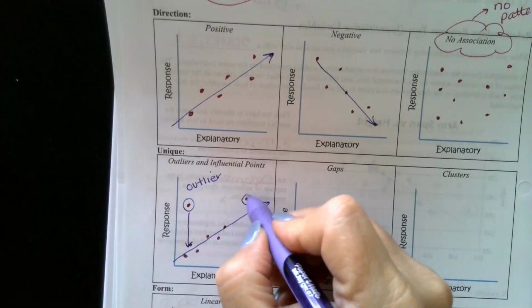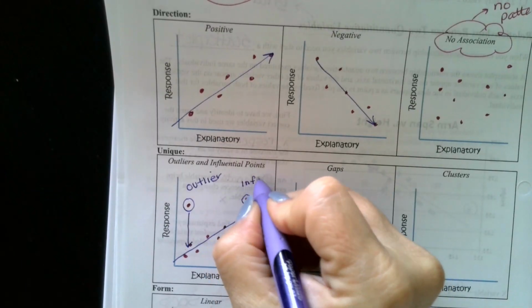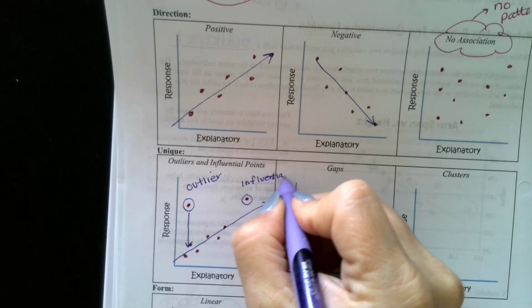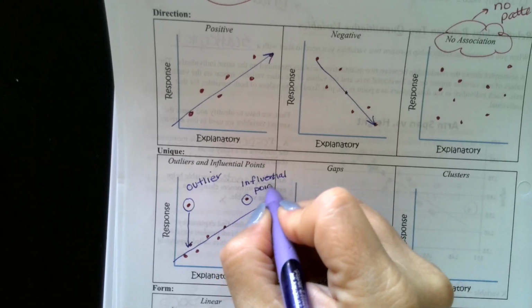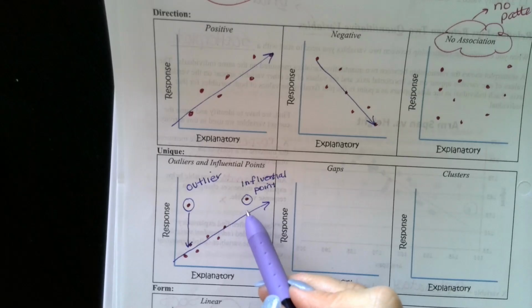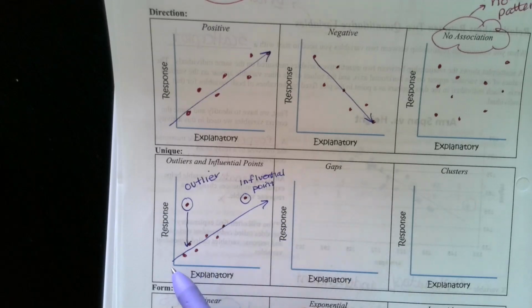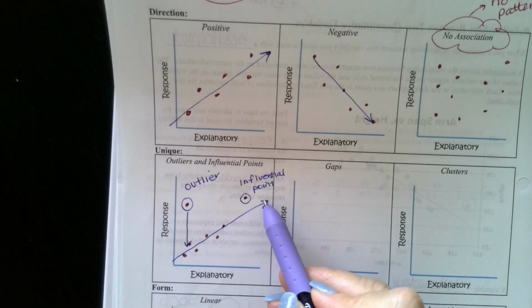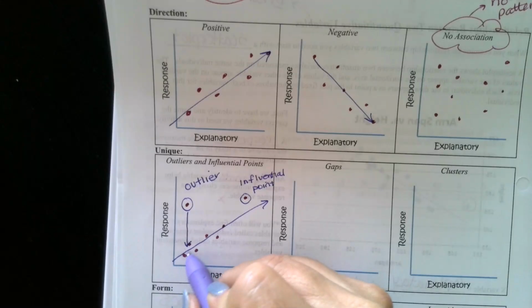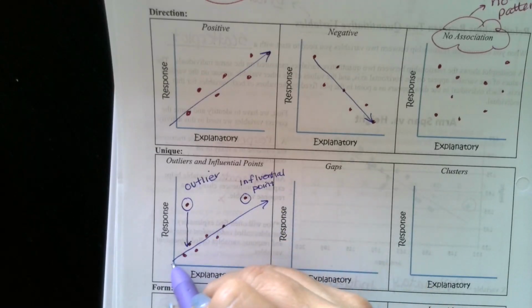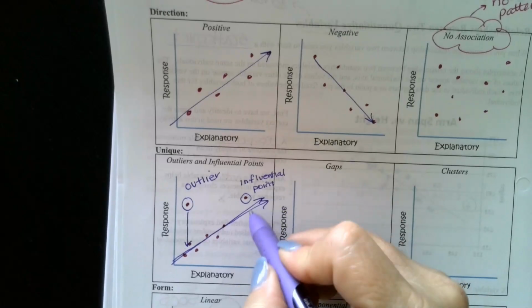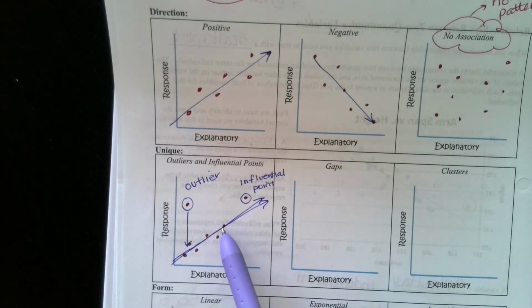This point, however, would be an influential point. We would probably call this a leverage point, but I don't know exactly, so I'm just going to say it's an influential point. That means that it follows the general path of this line. If I drew my slope even a little bit higher, which I probably should have right here, if I have something, it falls away from this data.